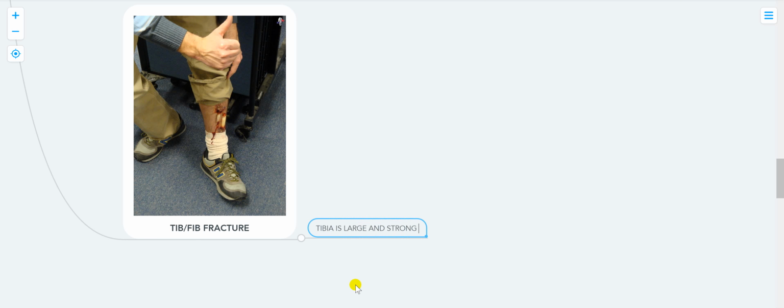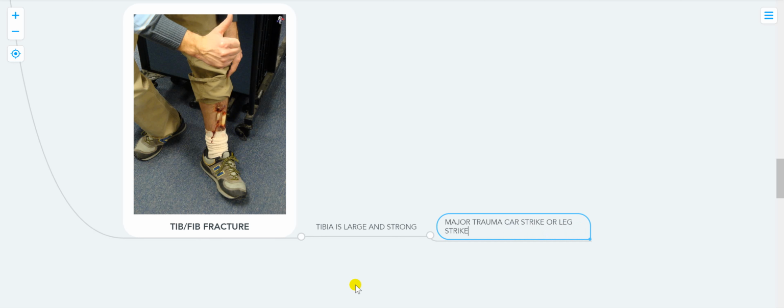Okay, so how does that usually present? The patient has major trauma, either major trauma, adult pedestrian strike, or purposeful blunt strike to the leg. So it's either a car strike or just a leg strike, purposefully.